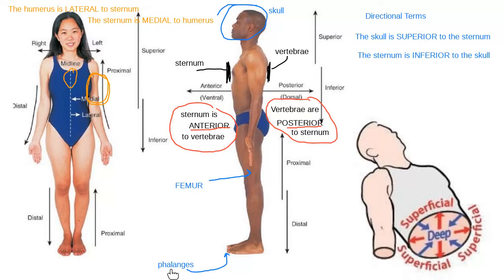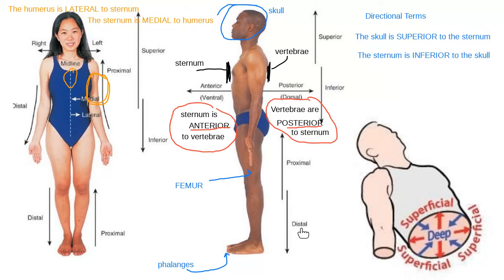My phalanges are way farther away from the hip than the femur is, because the femur is actually touching, or is part of, the hip. So like a friend told me in the chat, when I talk about something that's farther away, the word I use for that is distal.